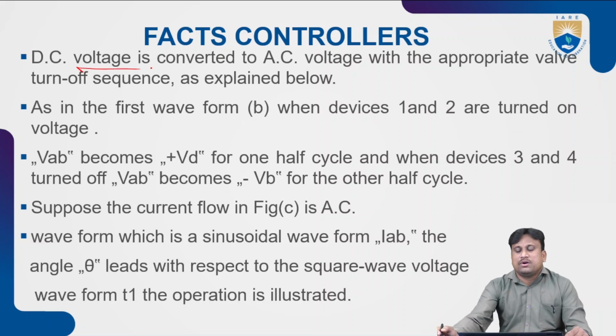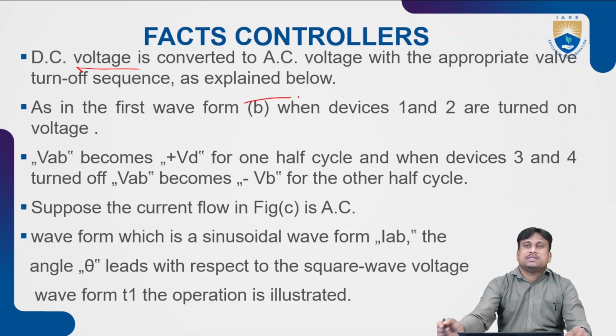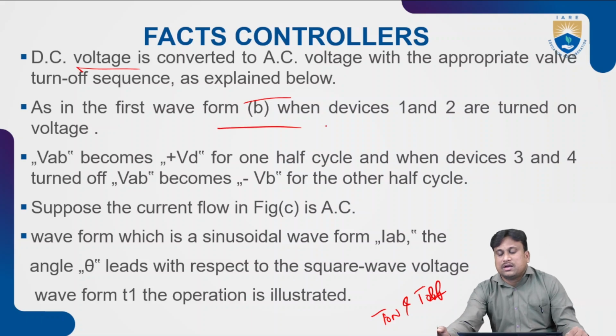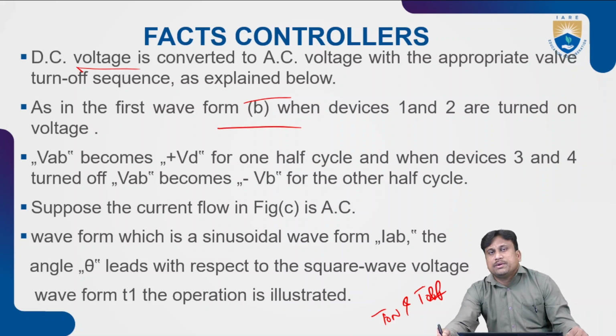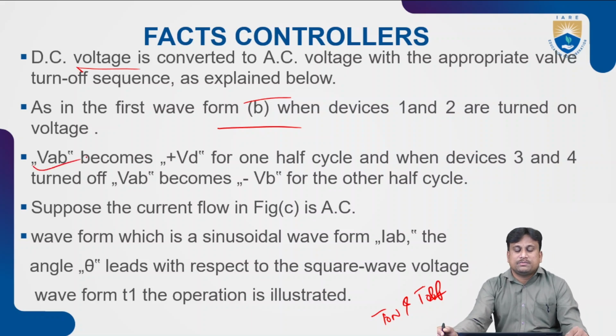Here the DC voltage is first converted to AC with an appropriate valve turn-off sequence. As discussed earlier, there is an on state condition and an off state condition. In the first half, when devices 1 and 2 are turned on, VAB becomes plus VD, that is, positive DC voltage for one half cycle.